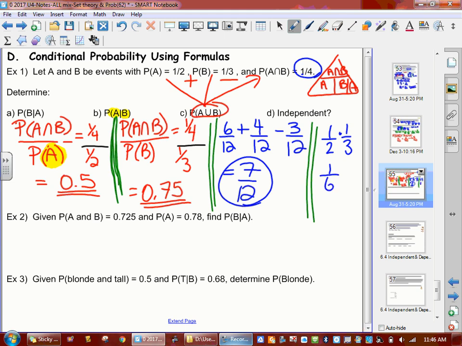Is 1/6 equal to my and, 1/4? It is not equal to 1/4. So if it's not equal, it is not independent, it's dependent. Okay? Because we had to come up with the answer of 1/4. Did it equal 1/4? No, it did not equal 1/4. Okay, so the left side did not equal the right side. That's why it's a dependent event.